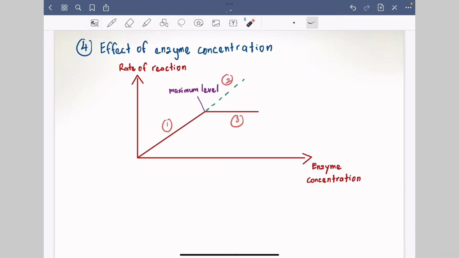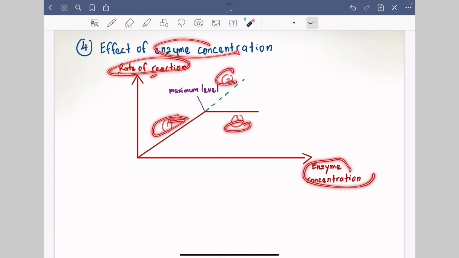Okay, the last factor that contributes to the enzyme activity is the enzyme concentration. Here is a graph showing the effects of enzyme concentration, the rate of reaction against the enzyme concentration. There are 3 points that we need to know.